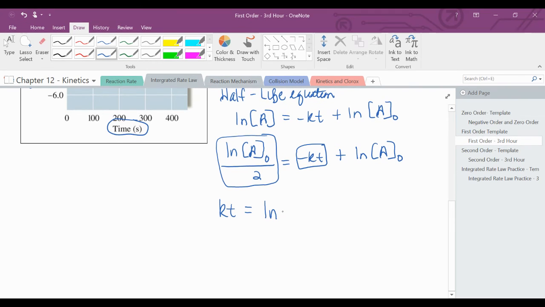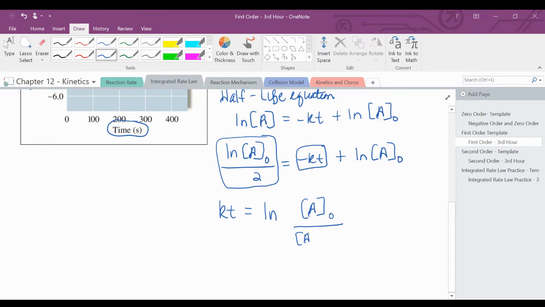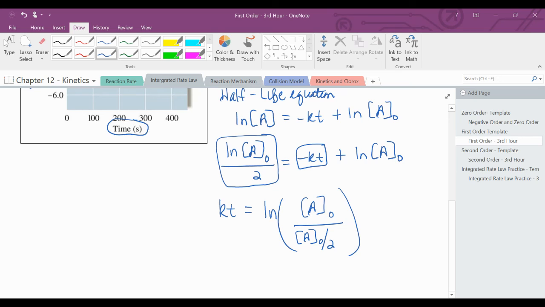So it looks like this, the natural log of A initial over A initial divided by 2, so that it actually looks like this. And I can see that these A initials are going to cross out here.